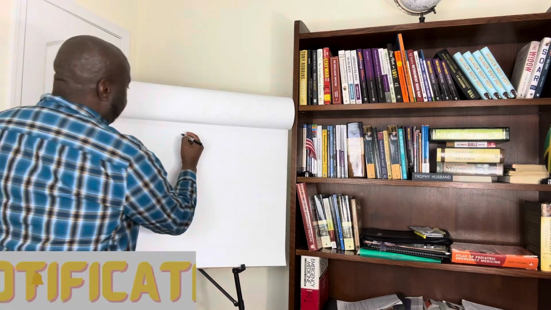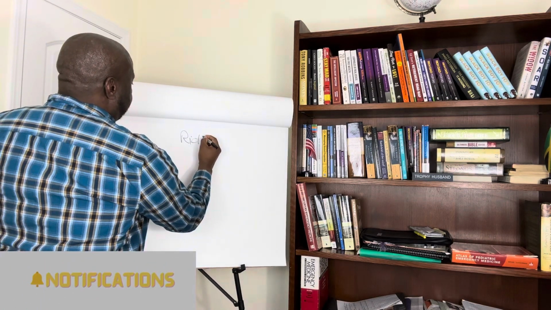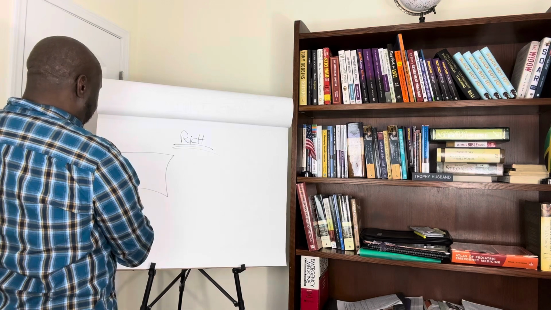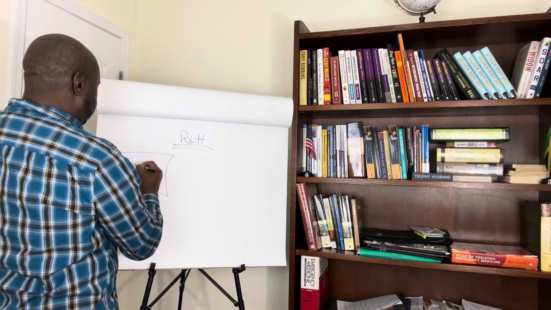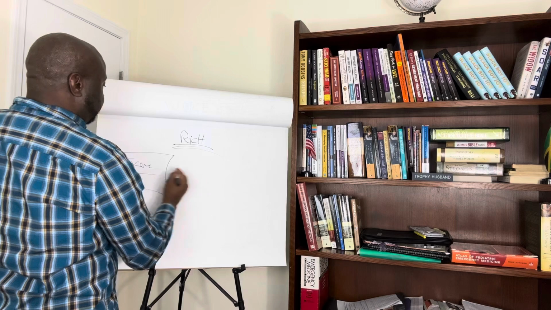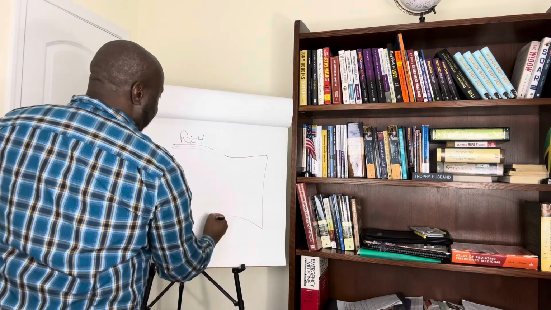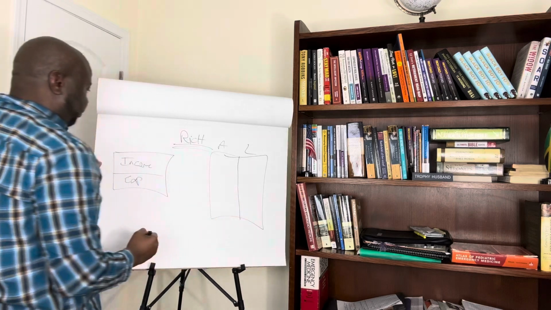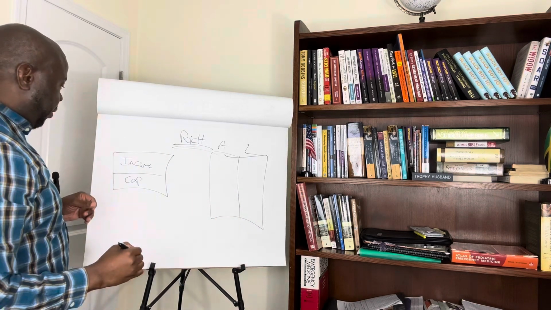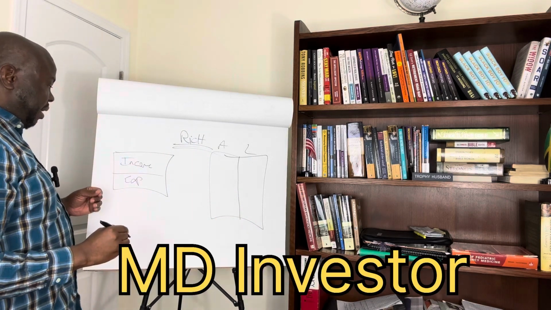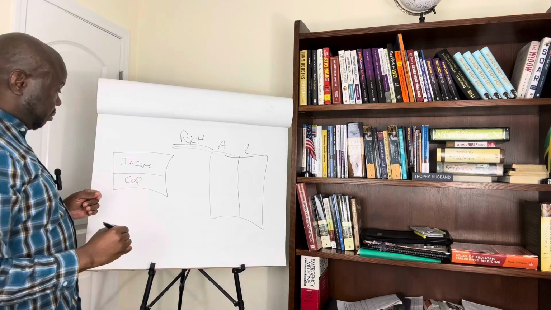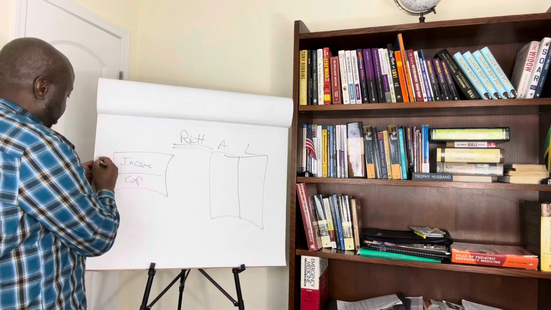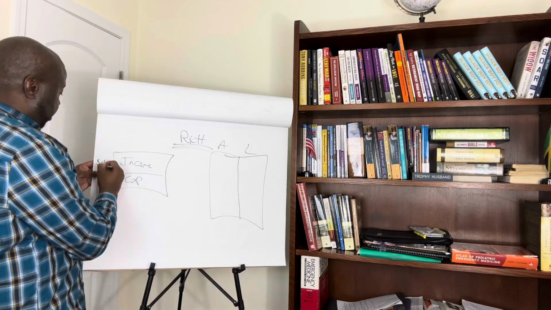Now, let's look here at the rich person. Again, we have our income statement and we have our expenses. And then over here, we have our assets and we have our liabilities. The rich people, they have their income statements. They may have a job, right? That provides a salary.